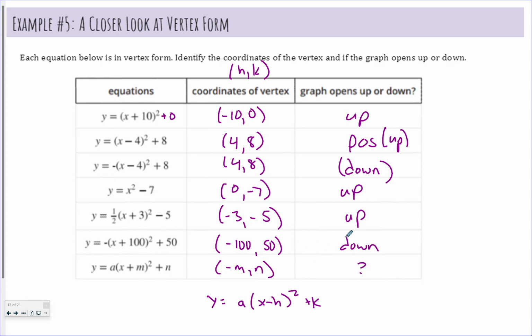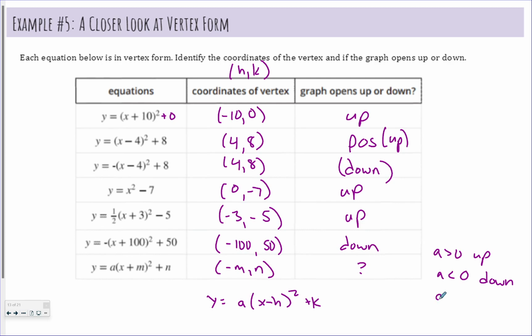Depends. If a is positive, it opens up, and if a is negative, it opens down. That's the key. So, if a is greater than 0, up. A is less than 0, down.